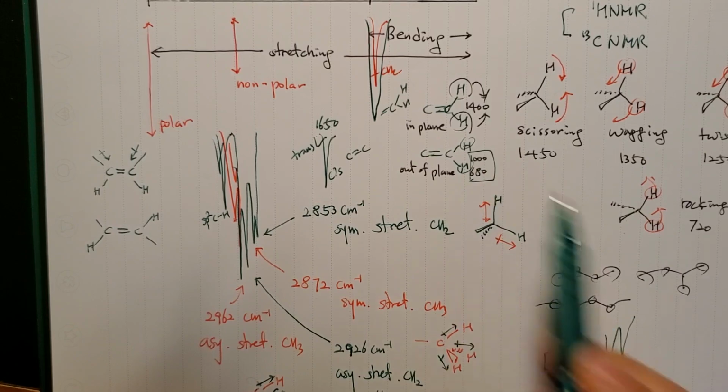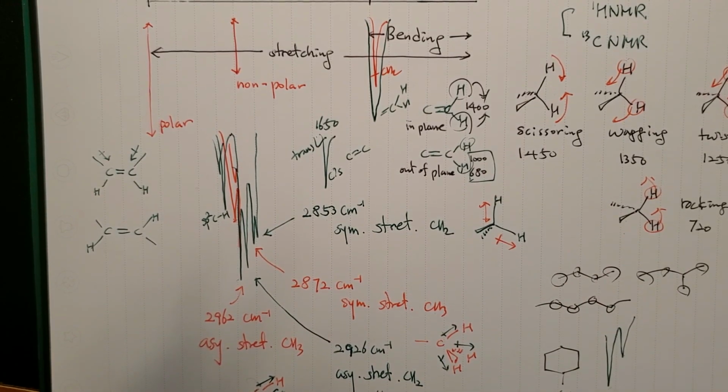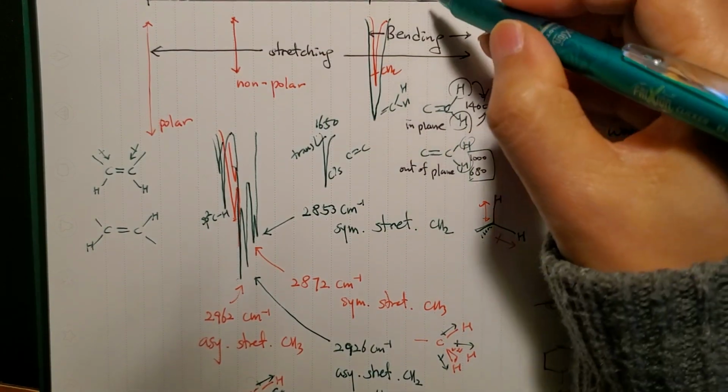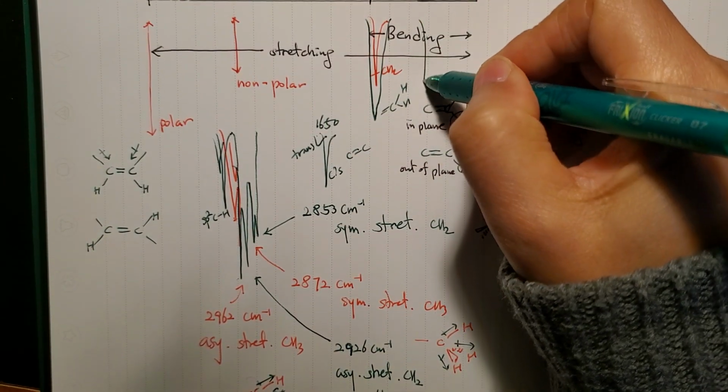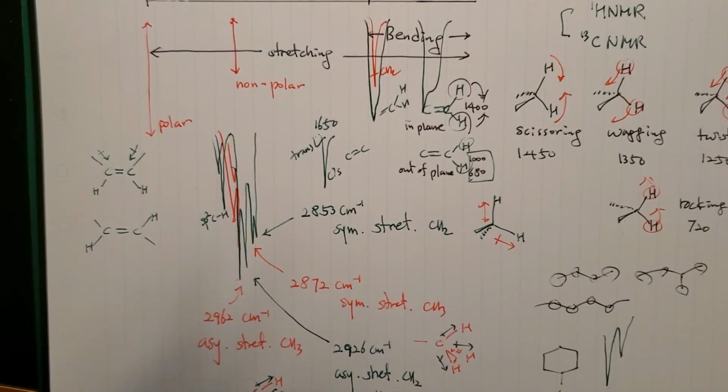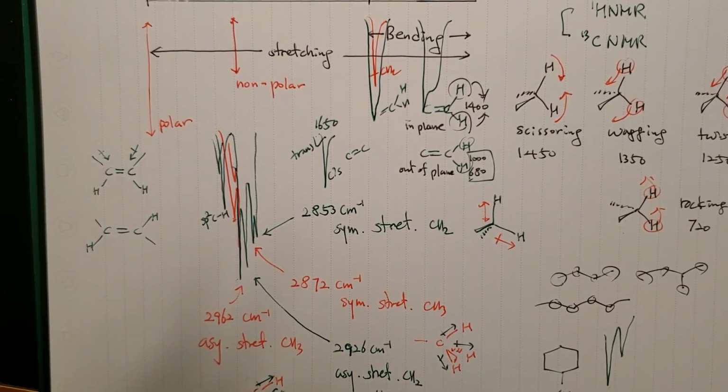So it usually comes around 1000 to 680. And intensity-wise also, they can be pretty broad and intense, you know. Probably you can compare it to the CO bond or even more broad.